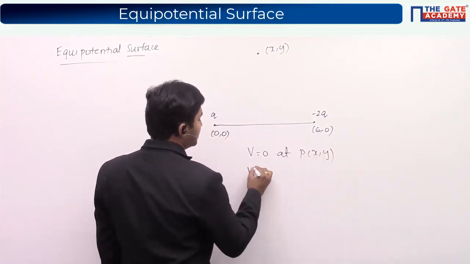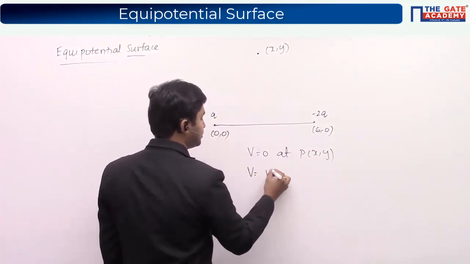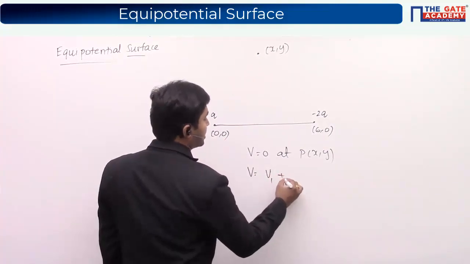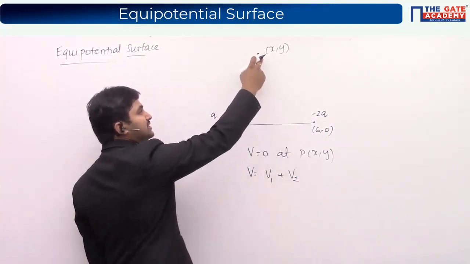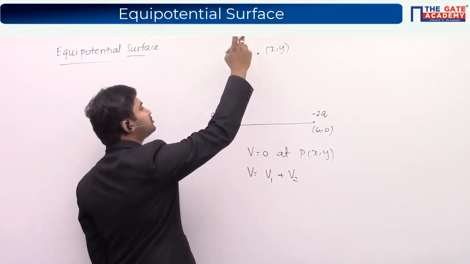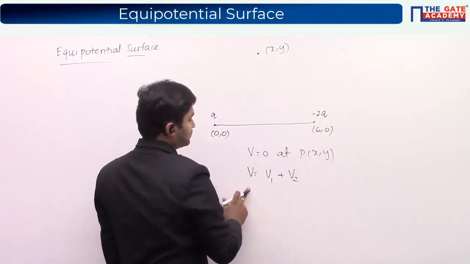Then the total potential is the potential due to the first charge and the potential due to the second charge. So the contributors of potential are V1 and V2.